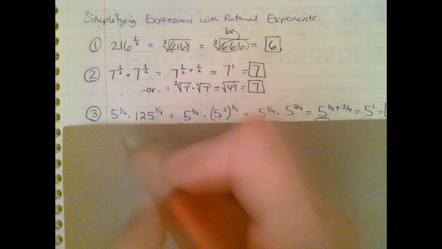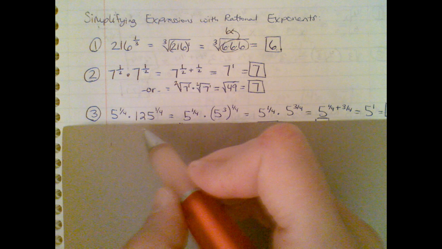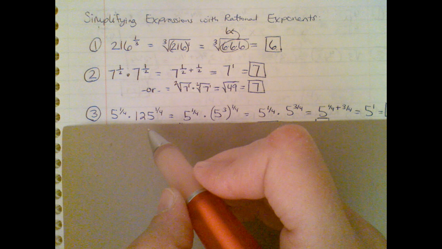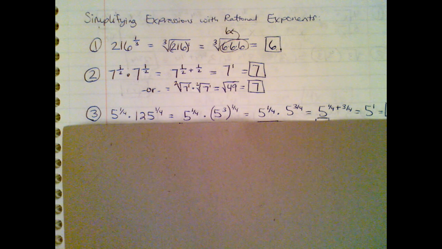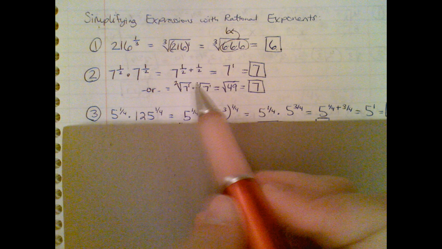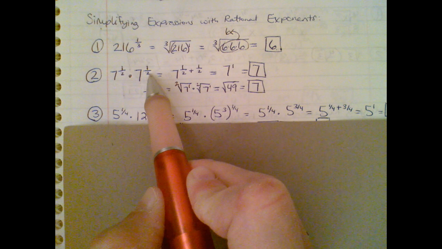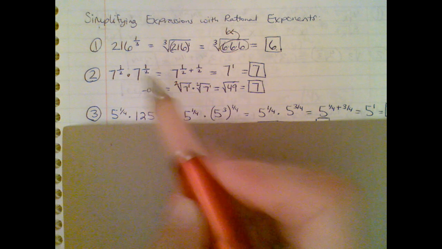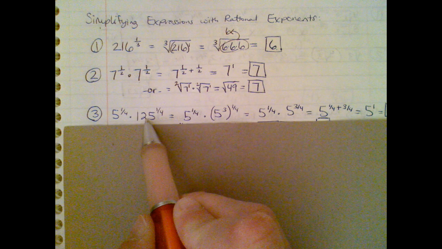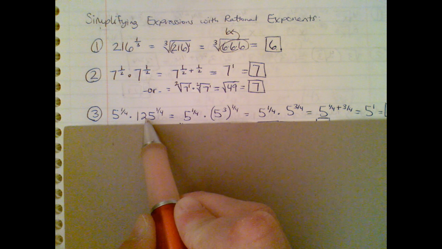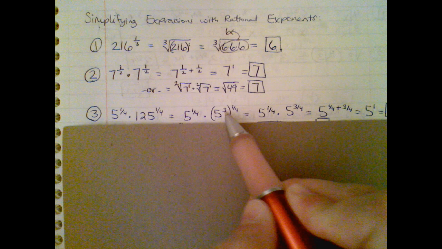This next one, we have 5 to the 1/4 times 125 to the 1/4 power. So this one, notice how up here the bases were the same, so we just added our exponents. Well, we can't do that right from the start just because our bases are not the same. But if you liked that method, another option that you would have, think about 125 as 5 times 5 times 5. So we could rewrite that as 5 to the 3rd power.